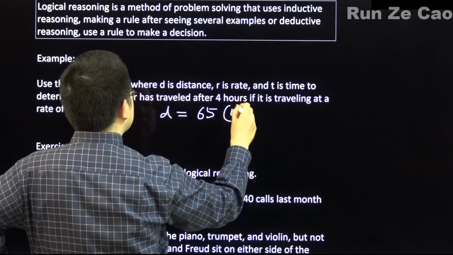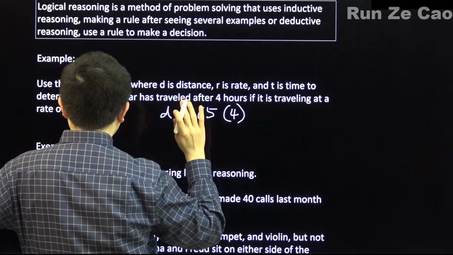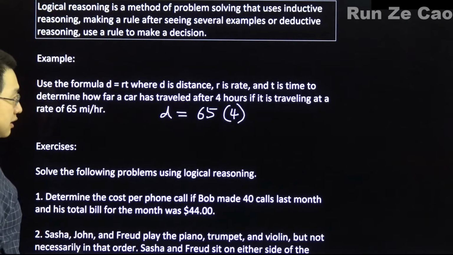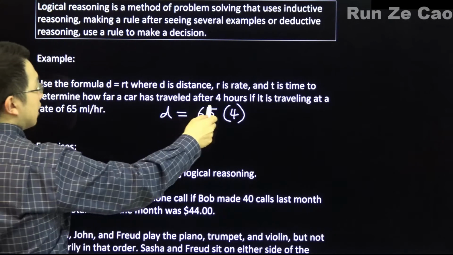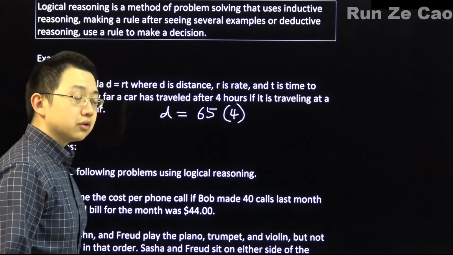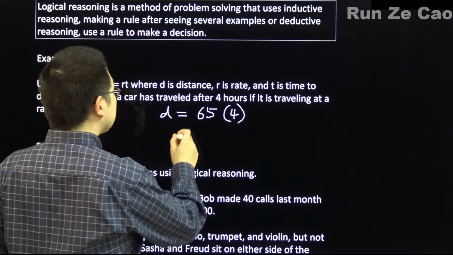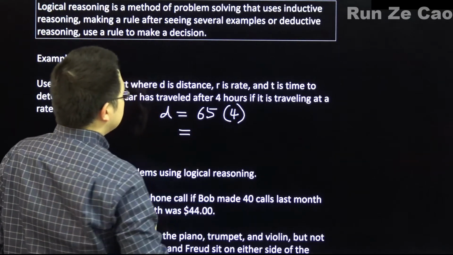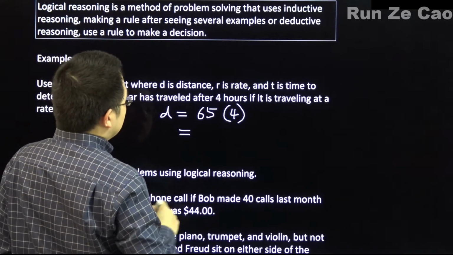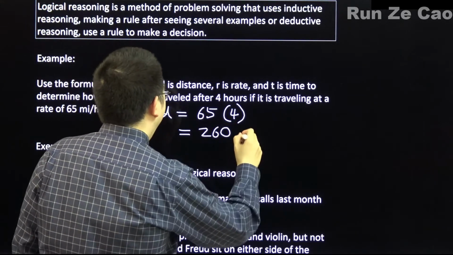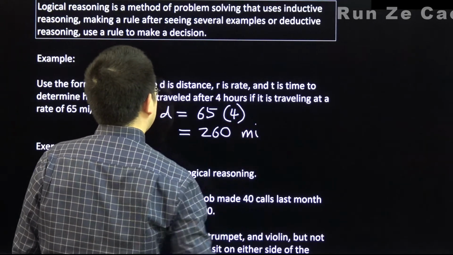Now you gotta make sure that the units here are compatible, because if they said 65 feet per minute, then gave you the time in hours, you have to convert. Otherwise, if you multiply, you get incompatible units problems. 2 hours, 130. 4 hours, 260. And the unit is miles.